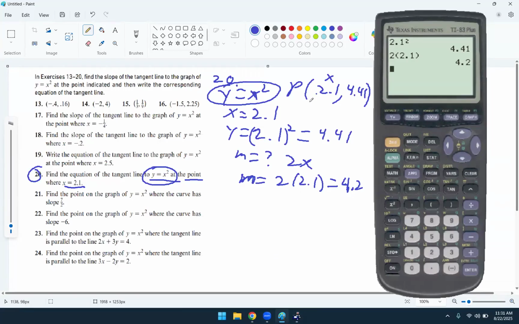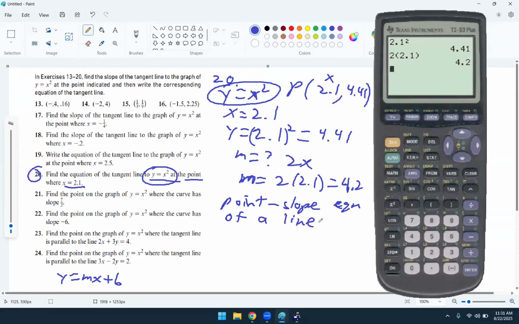You got the slope, you got the point on this parabola. Now, your book gives the equation in terms of the point slope formula. I would have preferred them to use y equals mx plus b, the preferred equation format. But your book gives the answer as the point slope equation of a line.